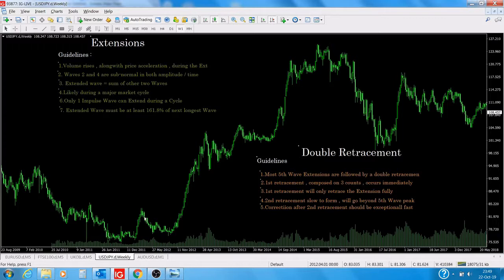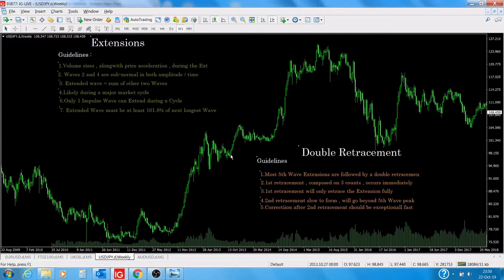The next guideline is that only one impulse wave can extend during a cycle. So in case the environment is conducive and you have seen that wave 1 and wave 3 have not extended, and both wave 2 and 4 are subnormal in duration and amplitude, it's very likely that wave 5 would extend.